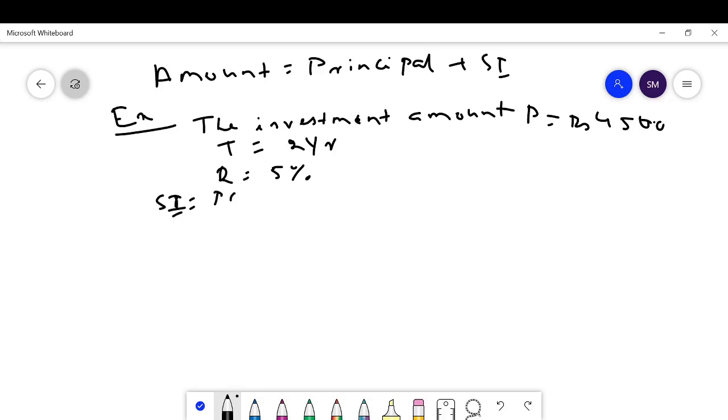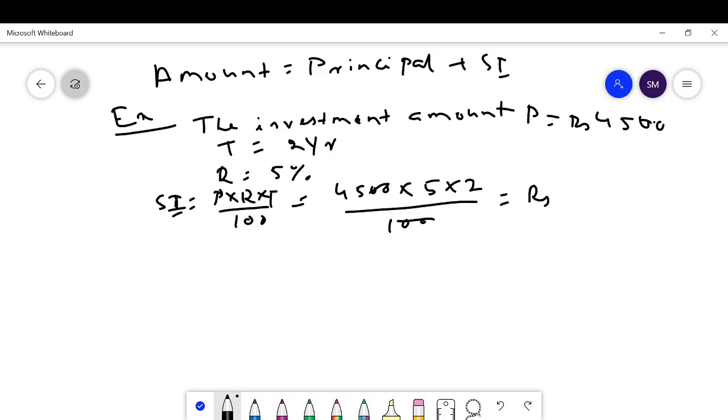SI is equal to P into R into T upon 100, which is 4,500 into 5 into 2 upon 100. The zeros cancel, and you get 450. Here you get the simple interest 450.